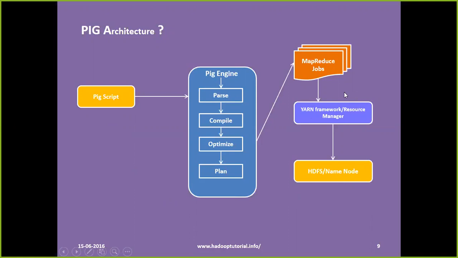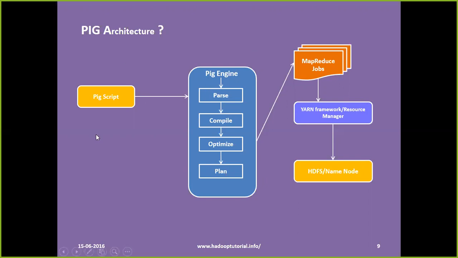And on all the 20 nodes, the YARN framework services should be running, which is the node manager. Okay. So this is anyway the processing engine which gets submitted to here. But you don't have to install this Pig tool on all the 20 nodes.